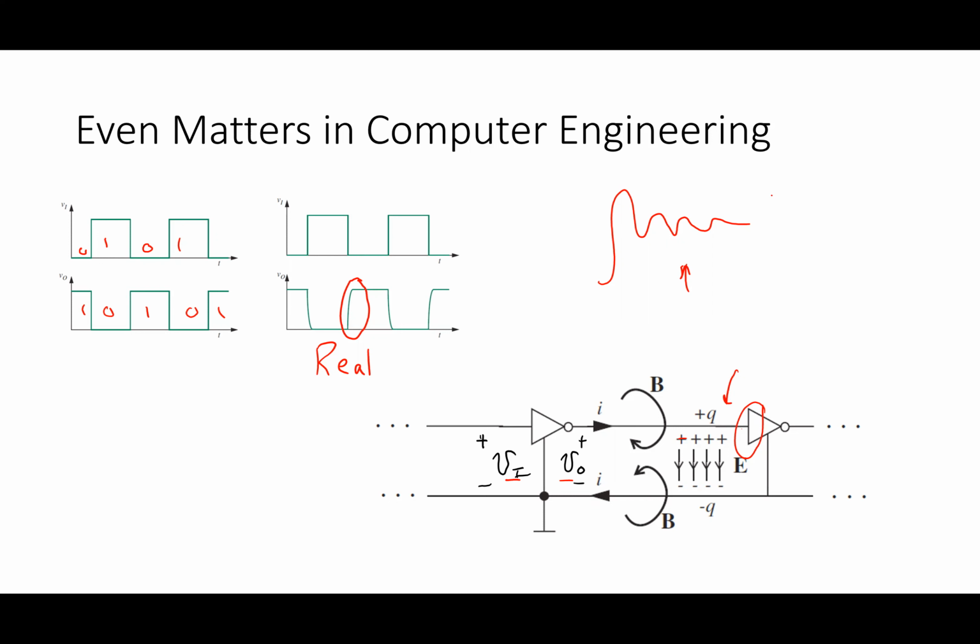That's called an underdamped response. Yeah, this is an underdamped response, where this guy overshoots and undershoots like that. That can only happen if I have a second order system. Okay. Second order system means what? What does it mean to have a second order system?